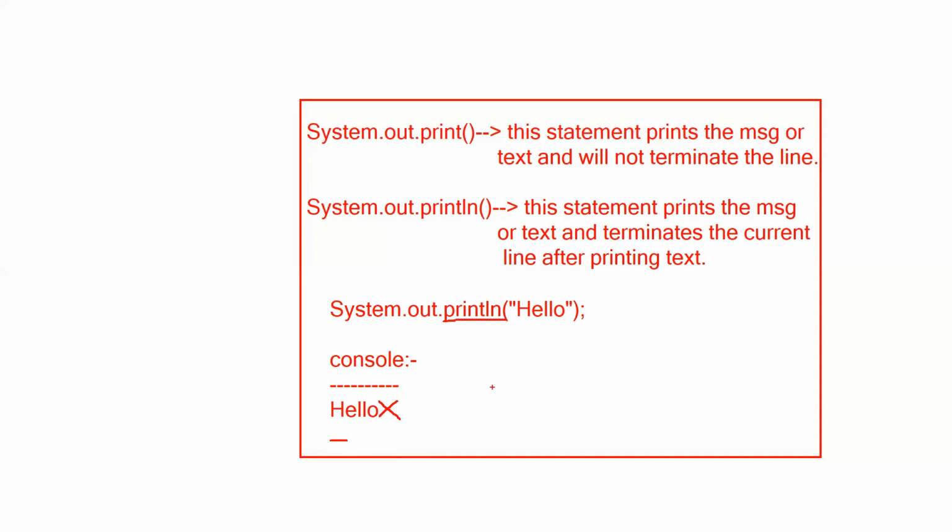So by this, I hope you understood about the output statement in Java. Not only this way, there are many other ways to display the output onto the console or onto the browser, which we can learn in the other sessions.